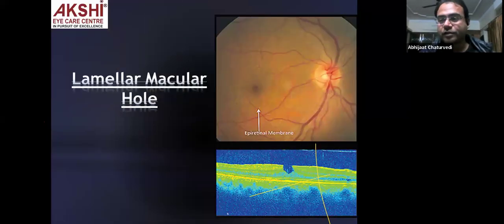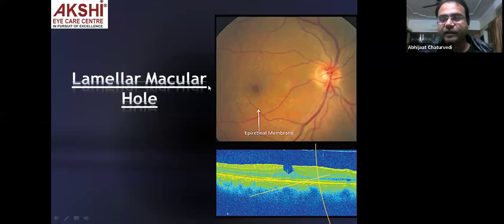Now, lamellar holes. Many residents, even clinicians, get confused looking clinically whether this is a lamellar hole or a full thickness macular hole. How do we differentiate it, what's the significance? Always remember, lamellar means partial defect. When there's a partial defect, you will see something like this.